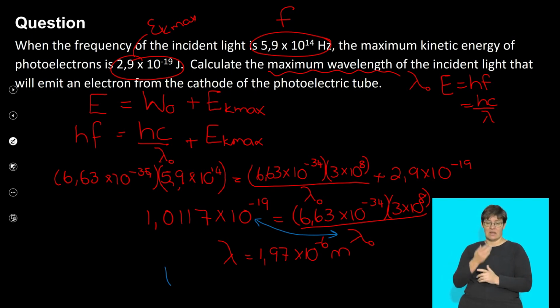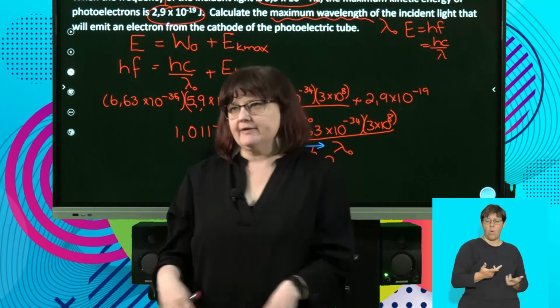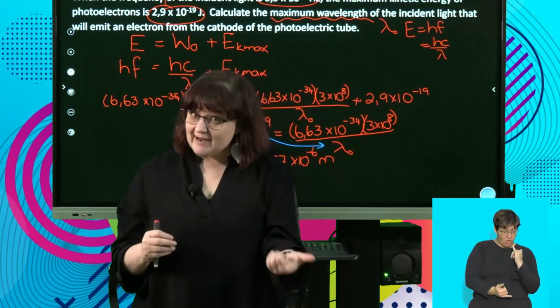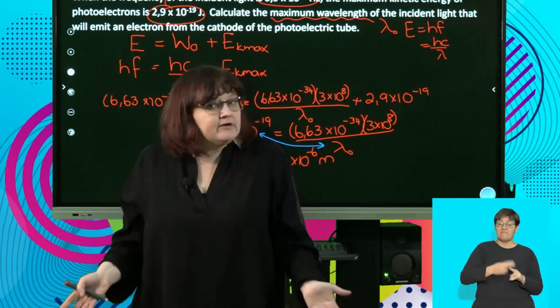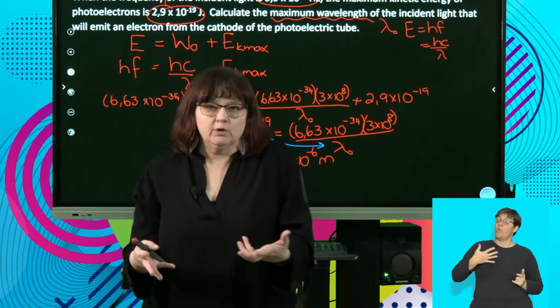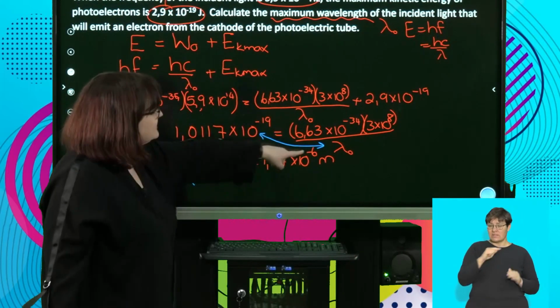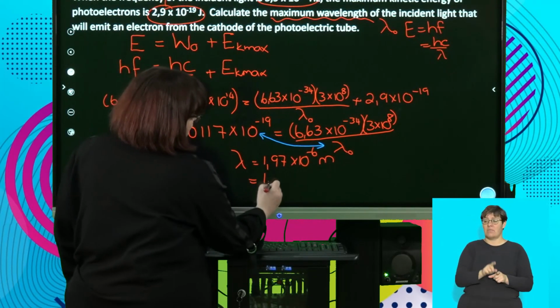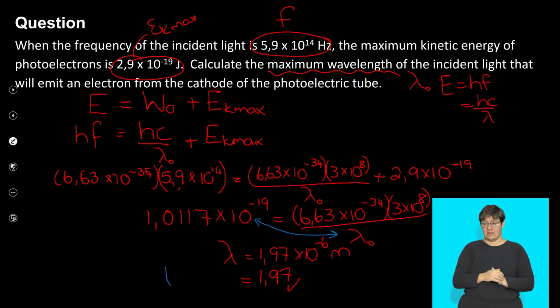At this point, please don't change it to nanometers or micrometers or whatever, because if you do the conversion incorrectly, your final answer is incorrect. But if you do want to do the conversion, because that's minus 6, that's micro. So this is the same as 1,97 micrometers.